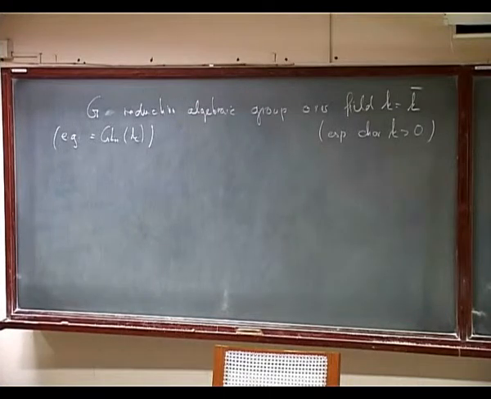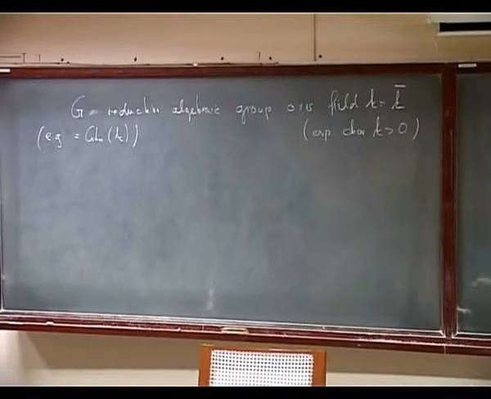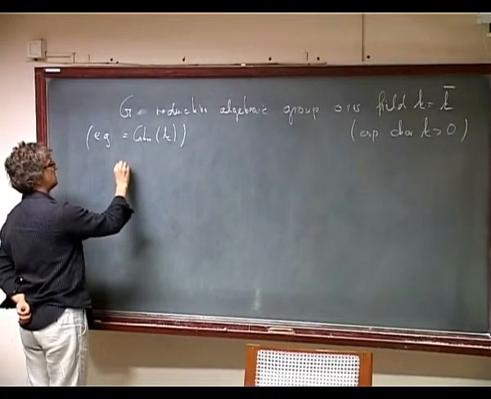We want to classify the representations of this group, and the situation we consider now will be that the representations are algebraic. In this case, they are called rational representations.